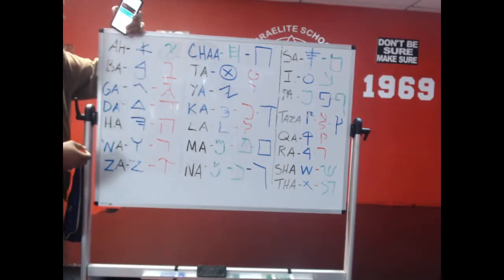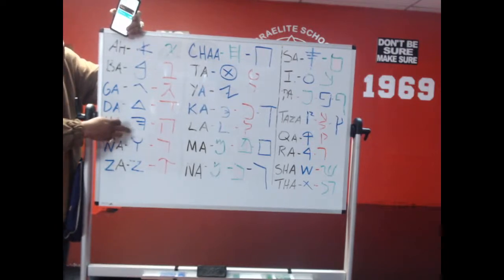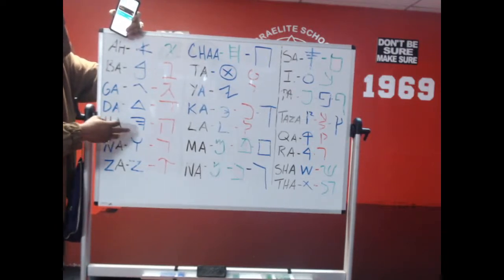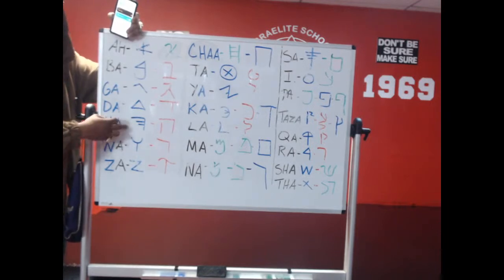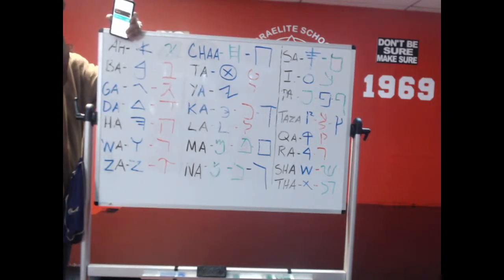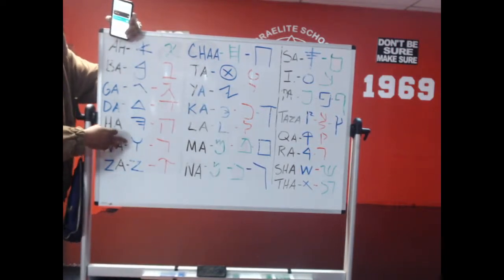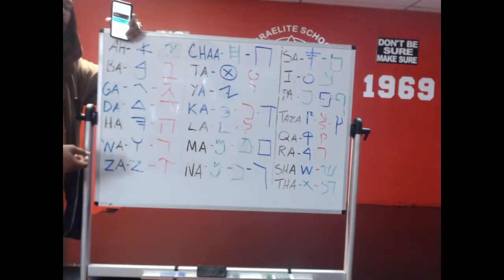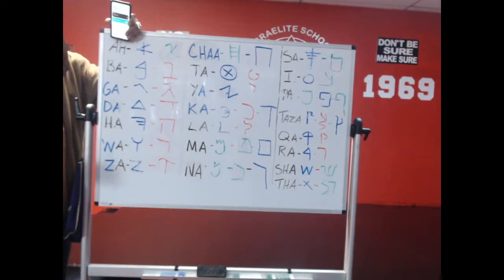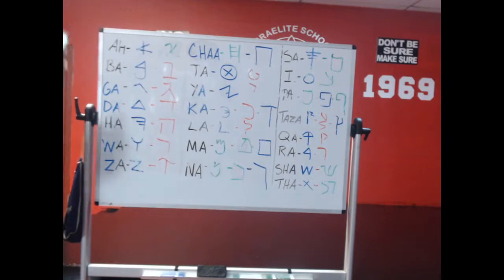Then next we have the letter Ha, which in ancient Hebrew looks like a backwards English F. Then next we have Wa, which can look like an English Y or even a wishbone.